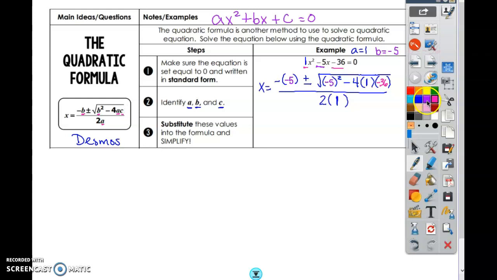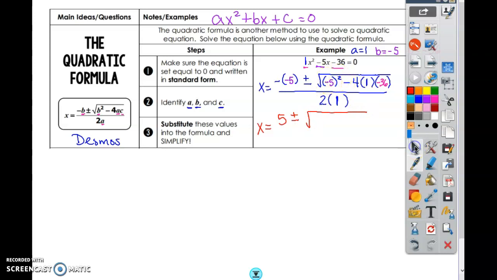Then I'm going to reduce everything. So negative times a negative gives you what? If I have a negative and a negative, what does that give you? Positive. Okay? So x equals, this is going to be a positive 5. It changes the sign of whatever's inside. Then I'm going to keep the plus and the minus. Square root of, what's this squared?